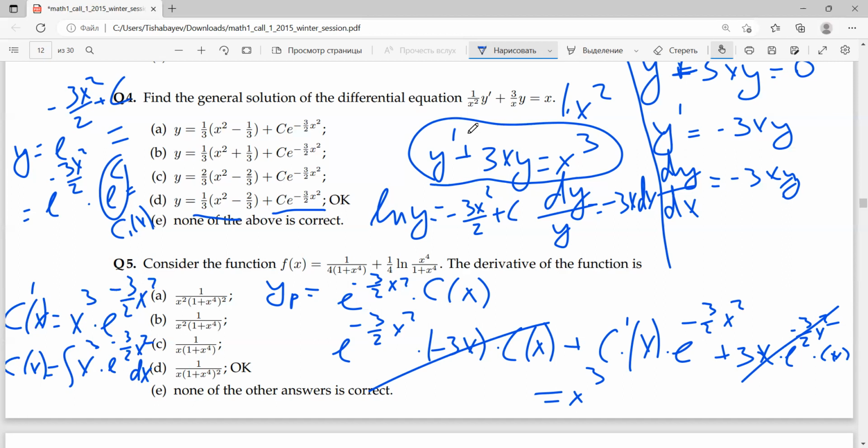After integrating, you get this kind of expression. How to integrate, you know? You can use integration by parts.